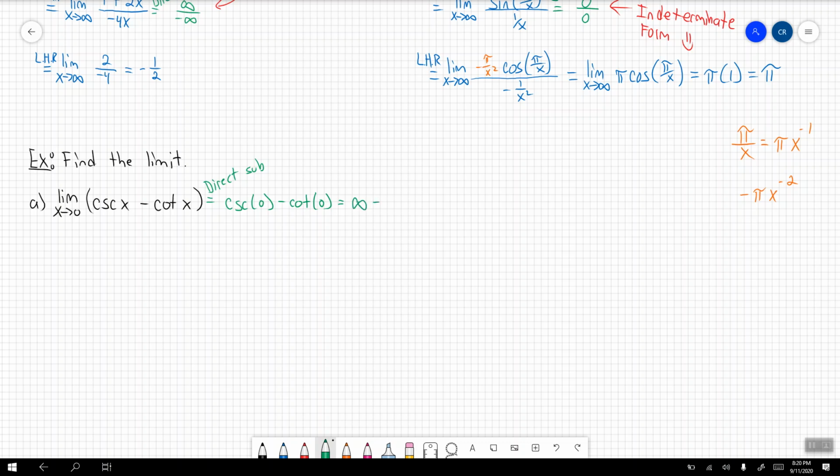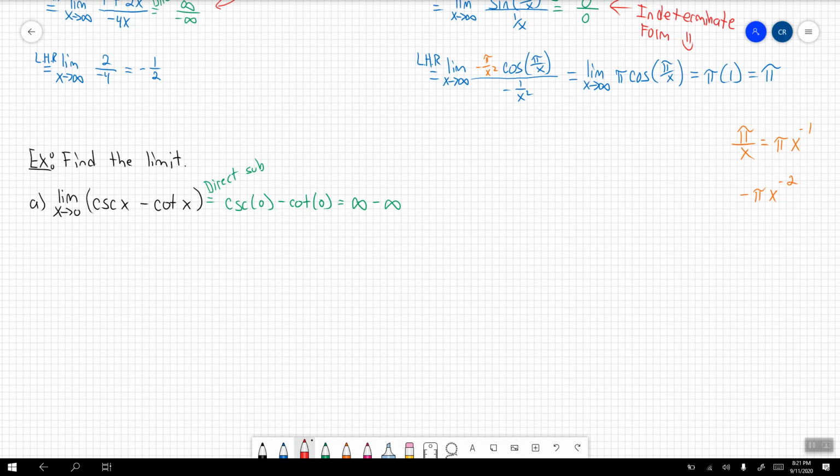Cotangent at 0. Well, cotangent is cosine divided by sine. Cosine at 0 gets us 1, but the denominator sine at 0 gets us 0. So as x tends to 0, that overall fraction is going to tend to infinity. Now, please be very careful. Infinity minus infinity is not 0 unless you can prove it.